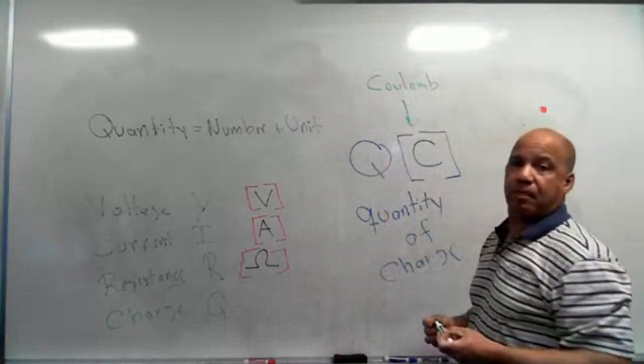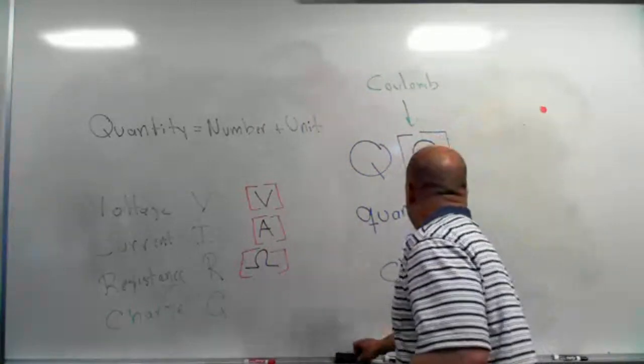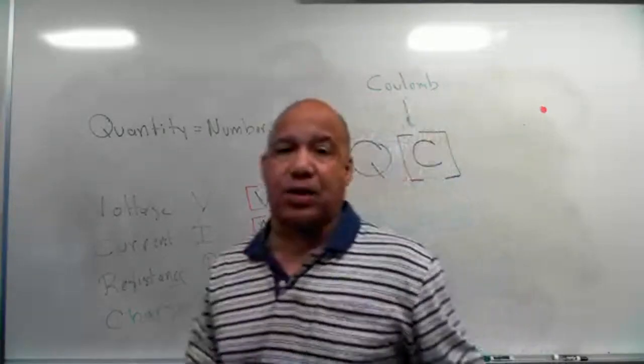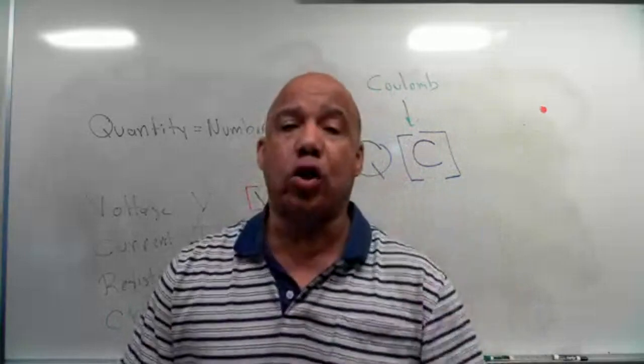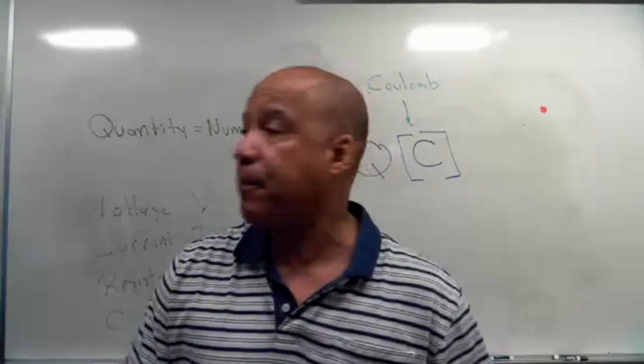And that is a unit. Now, a coulomb is an amount of something. A coulomb is an amount of charge. So write that down. A coulomb is an amount of something. And the question is, what's the amount?